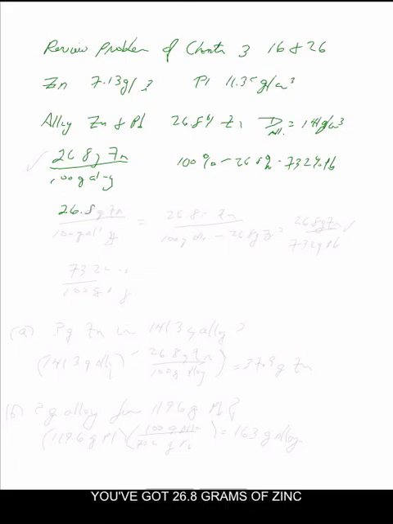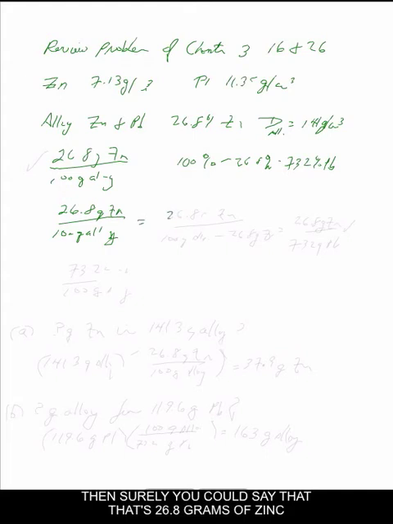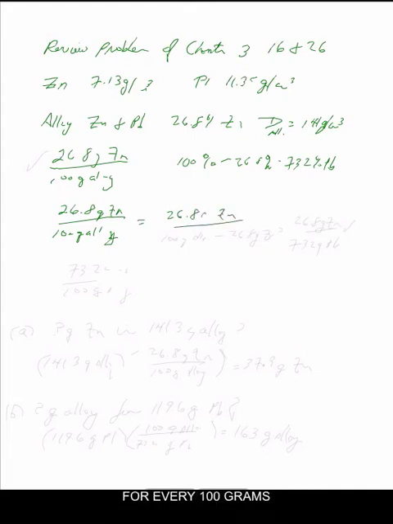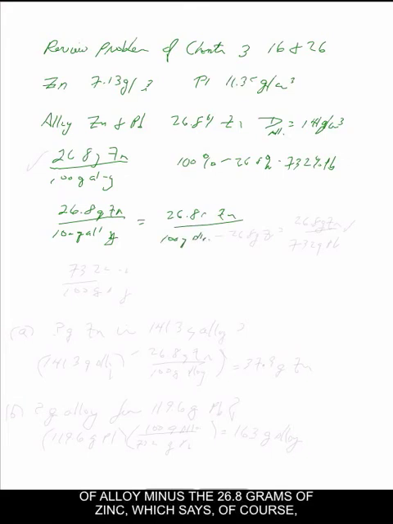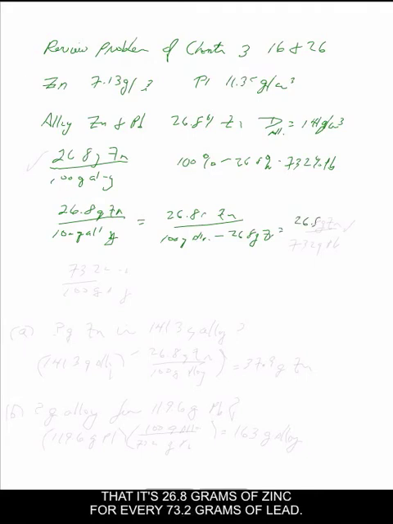You've got 26.8 grams of zinc is the same thing as 100 grams of alloy, then surely you could say that that's 26.8 grams of zinc for every 100 grams of alloy minus the 26.8 grams of zinc, which says, of course, that it's 26.8 grams of zinc for every 73.2 grams of lead.